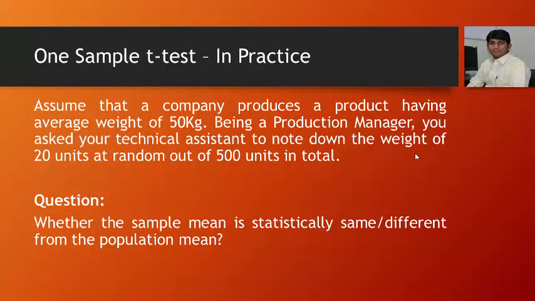Therefore, to ensure that I am going in the right direction, we took on a random basis 20 sample units from our warehouse and took down the net weight of those 20 units, and I will compare the weight of these 20 units with my population mean, which is 50 kilogram.